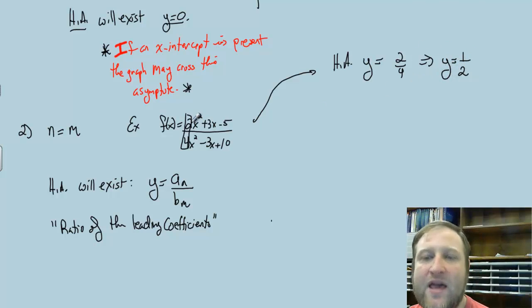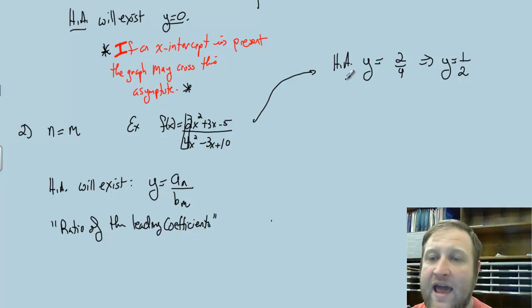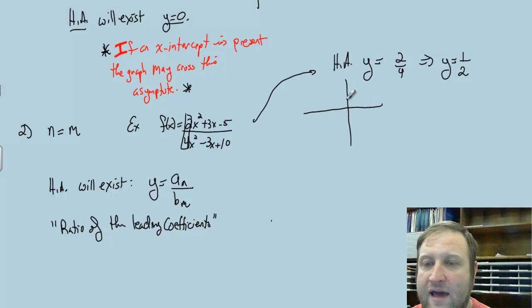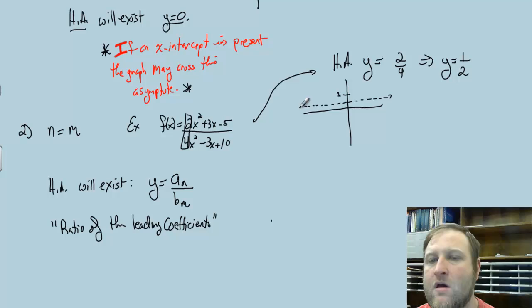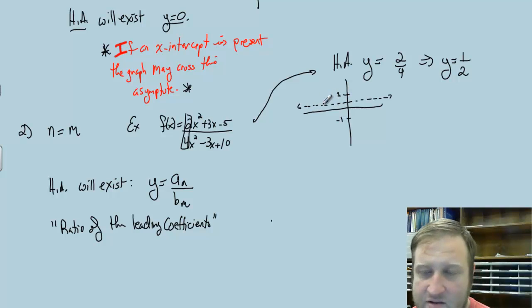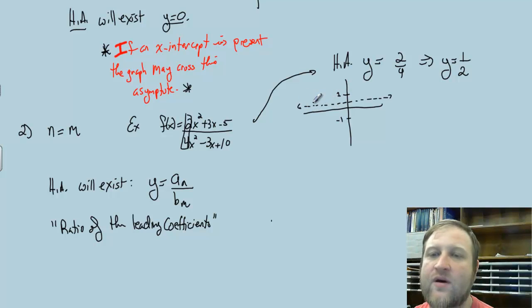So for this function at y equals 1/2, we would have a horizontal asymptote that exists right there. And this will not be crossed. There is no value that will ever allow a graph to cross a horizontal asymptote as long as it's not along the x-axis. So here you don't have to worry about it crossing.